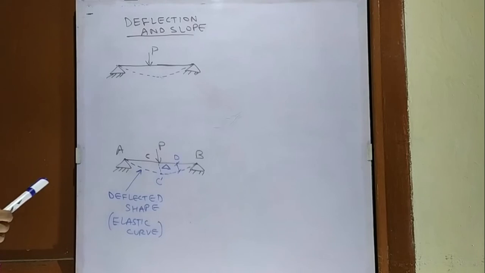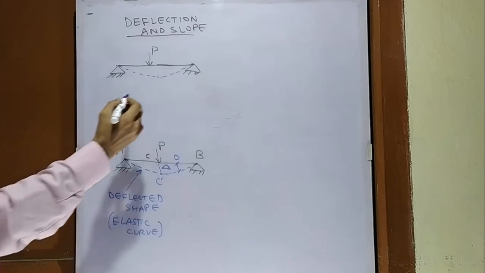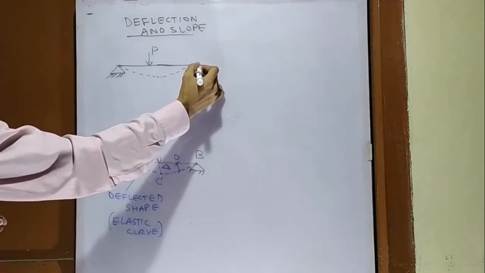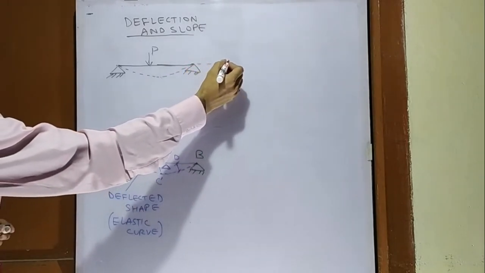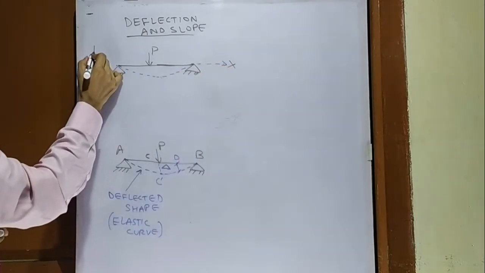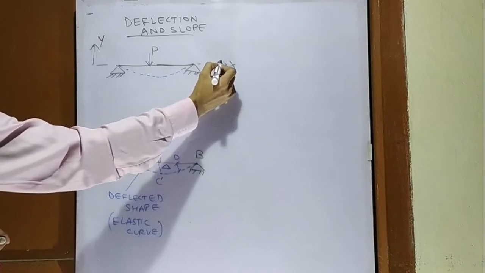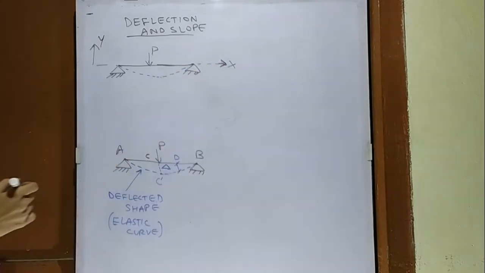So the slope is defined as the angle between the x-axis. We have assumed that this is our x-axis, and in the vertical direction we have assumed that this is our y-axis.